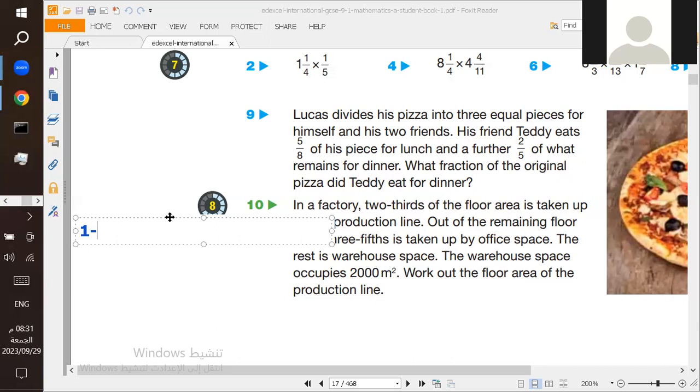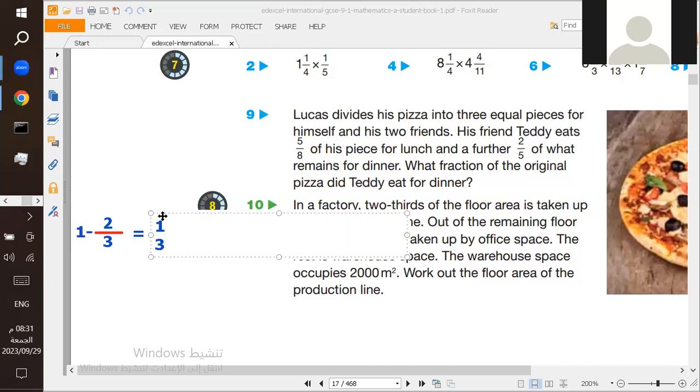Let's see. Give me a second. Yes. So it's going to be 1/3. I'll focus on this because this is very important. That's the remaining. So 2/3 are taken by the production line, and then the remaining is 1/3.